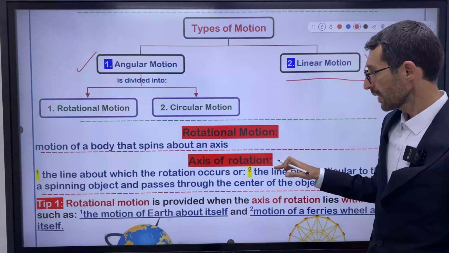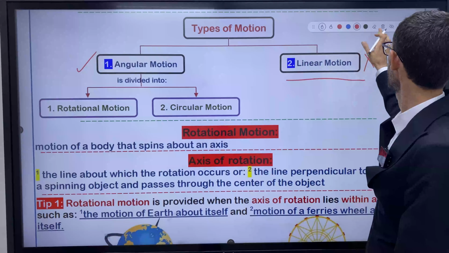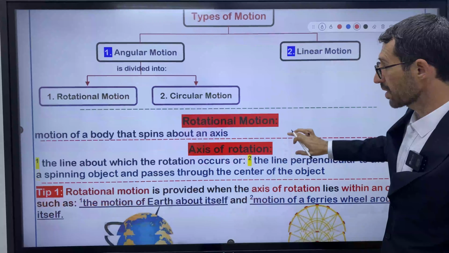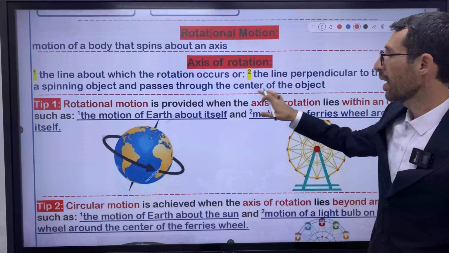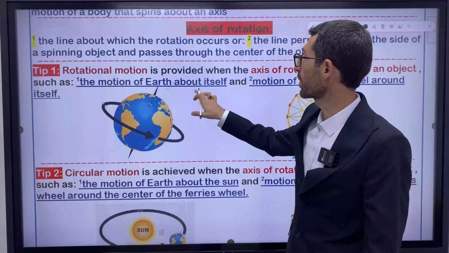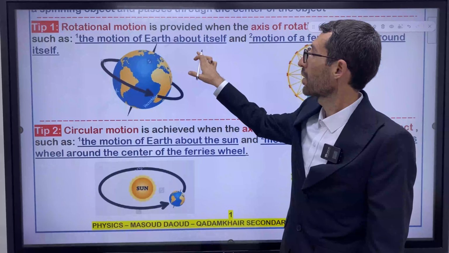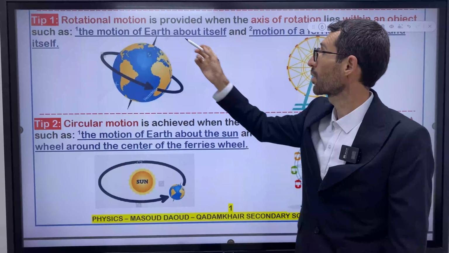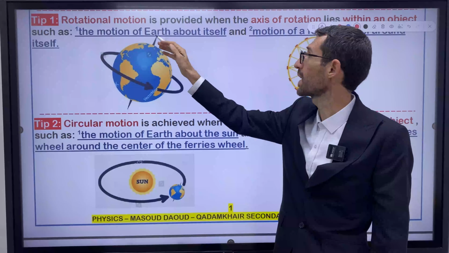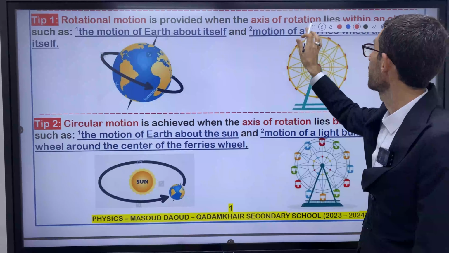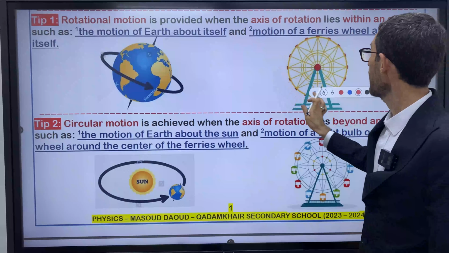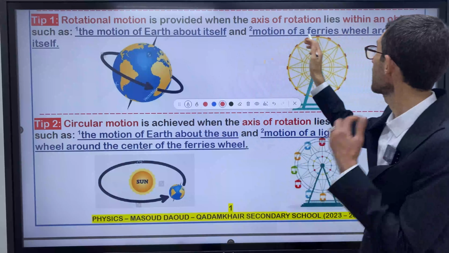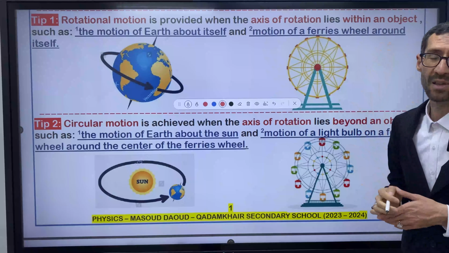So let's move on to another note. Actually, I wrote two notes for you. Tip number one: rotational motion is provided when the axis of rotation lies within an object.